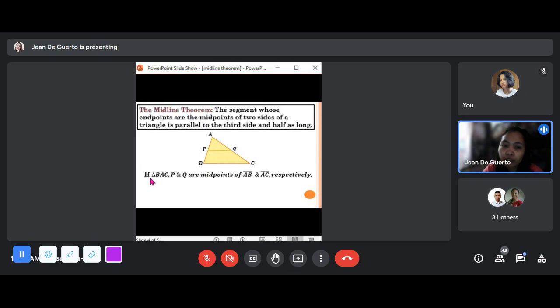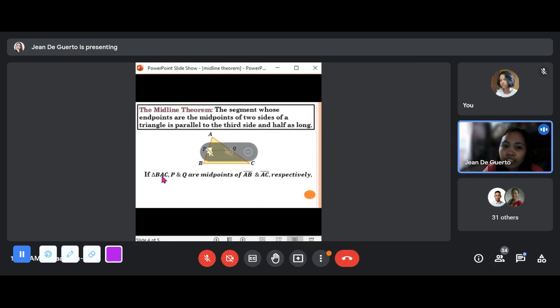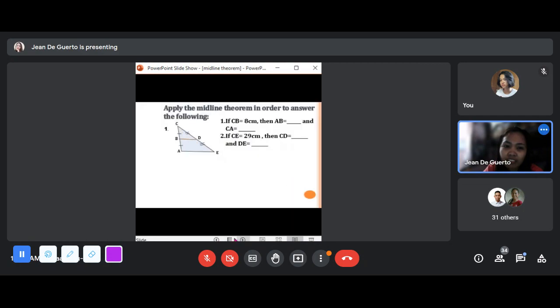Okay, so in triangle BAC, P and Q are midpoints of segment AB and segment AC respectively.